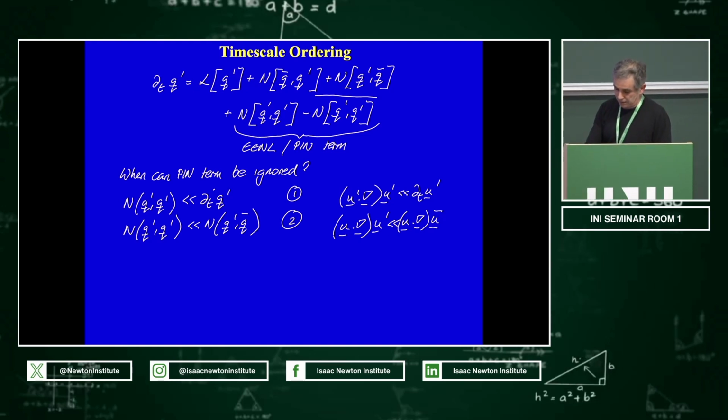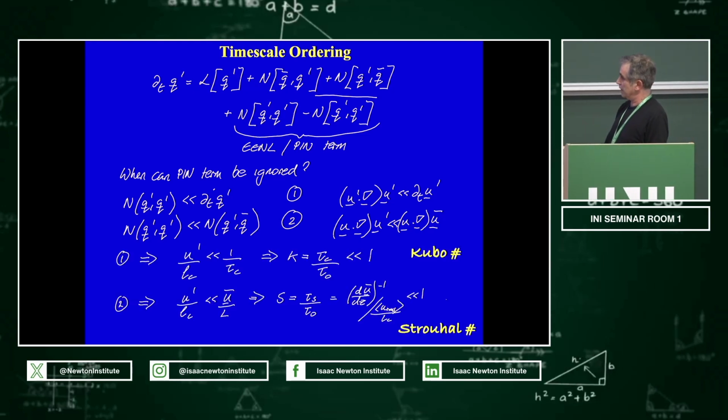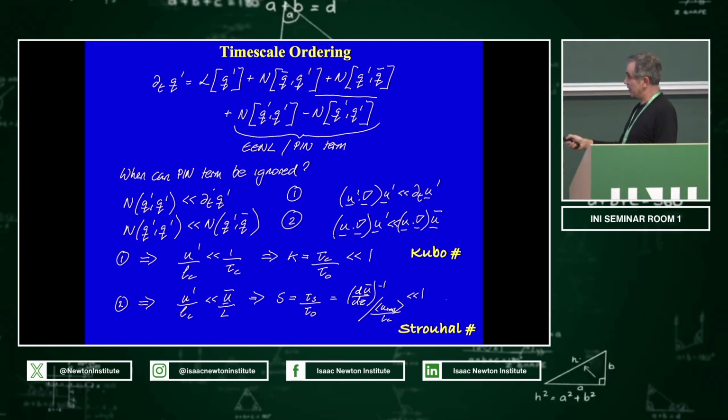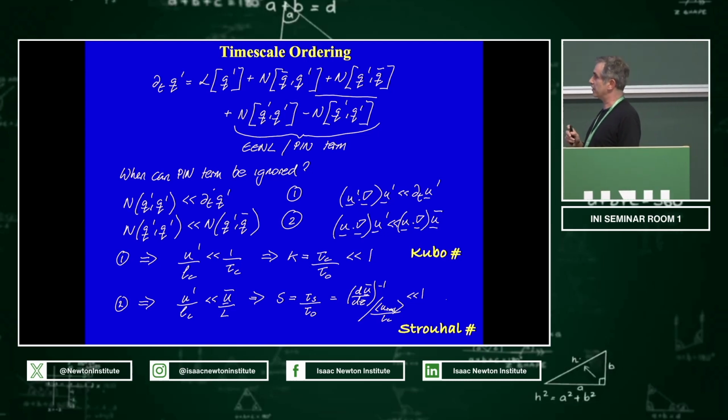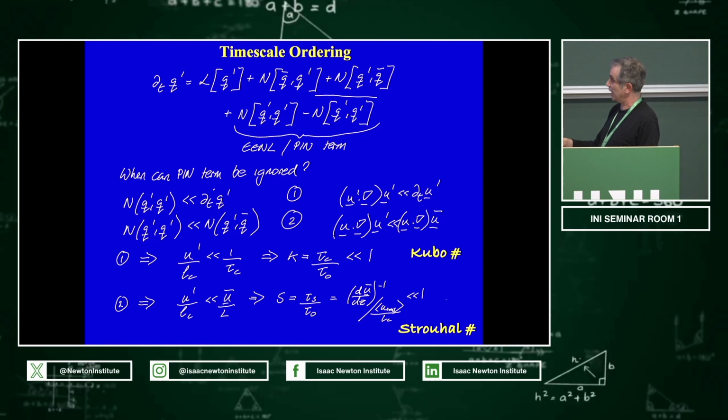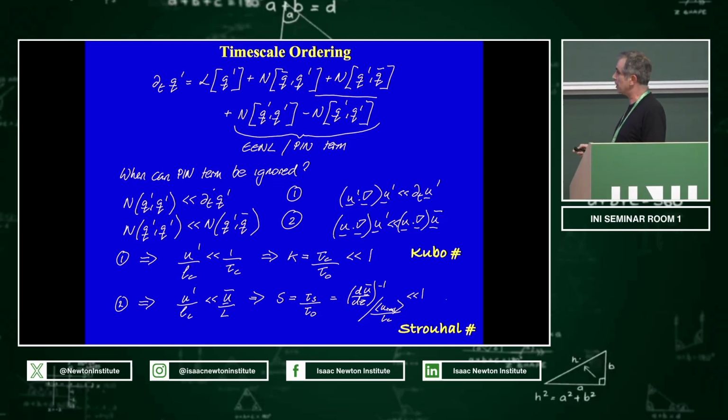Then it is satisfied if u prime over some correlation length is very much smaller than one over the correlation time. And this is true if the correlation time is very much smaller than an overturning time. This we can think of as a Kubo number being very small. So if the Kubo number is very small, then you can neglect the pain in the neck term.